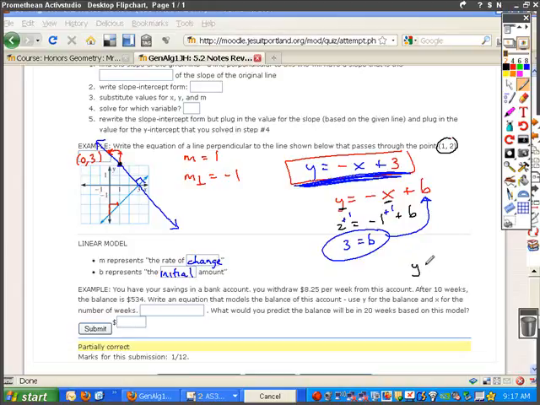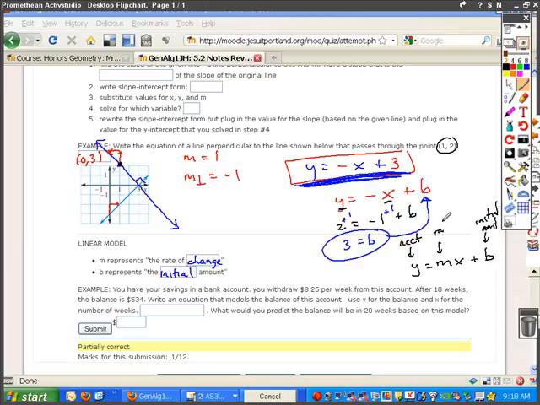So you have some amount in your account. Okay, so here is the model. Okay, so here's your account, your initial amount, right?